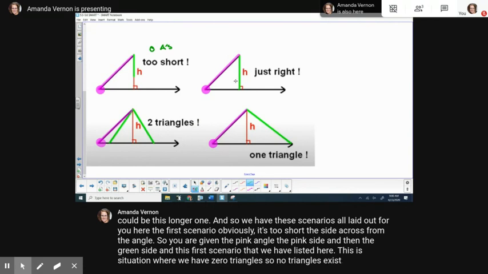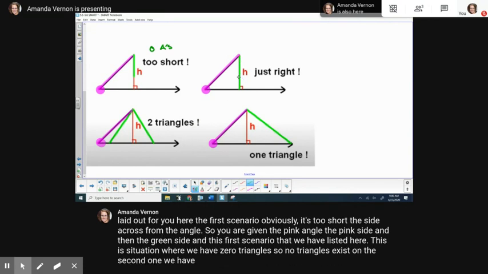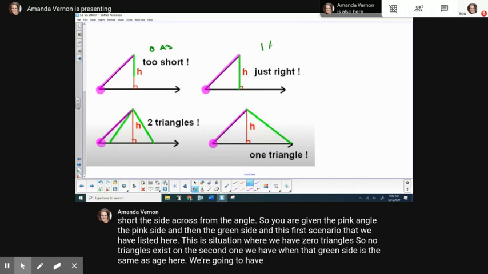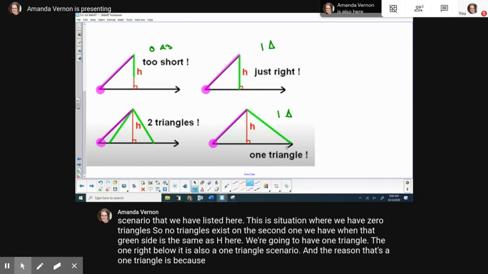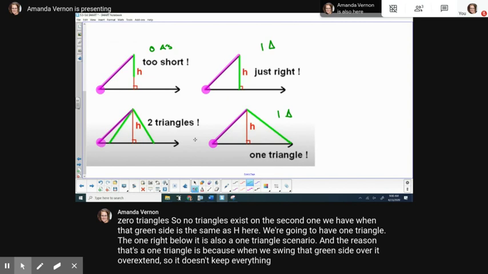On the second one, the green side is the same as H, so here we're going to have 1 triangle. The one right below it is also a 1 triangle scenario. The reason that's 1 triangle is that when we swing that green side over, it overextends, so it doesn't keep everything the same and doesn't produce another triangle.